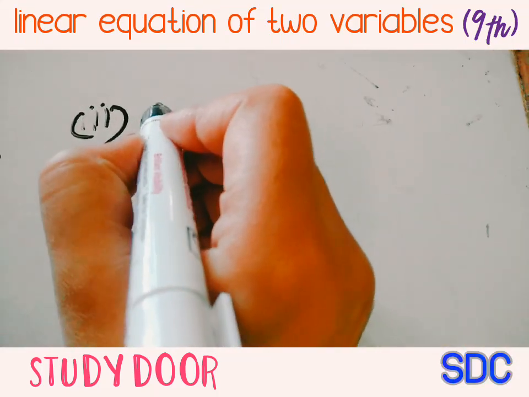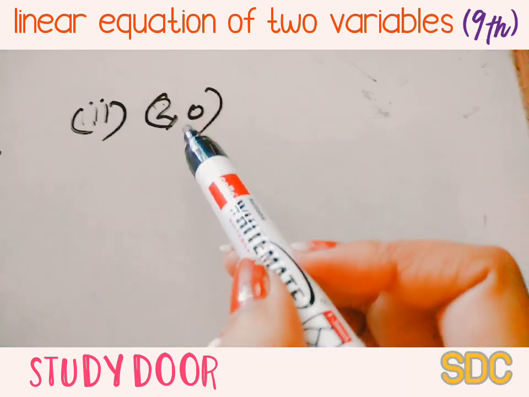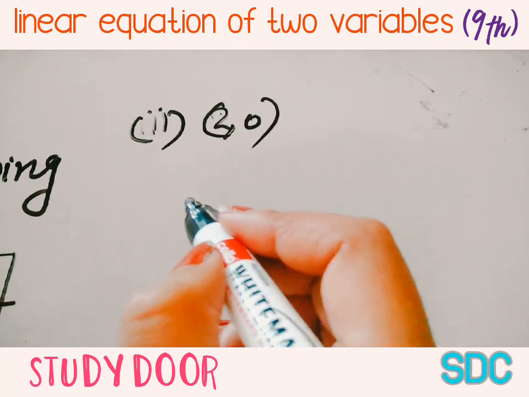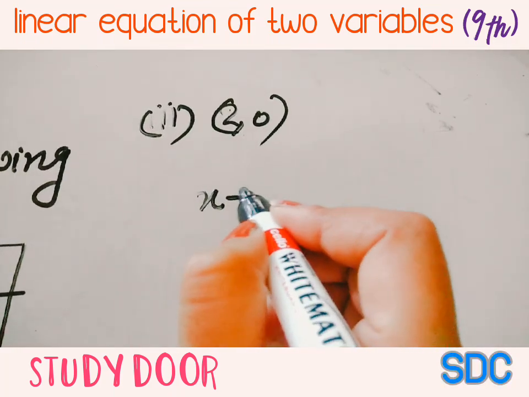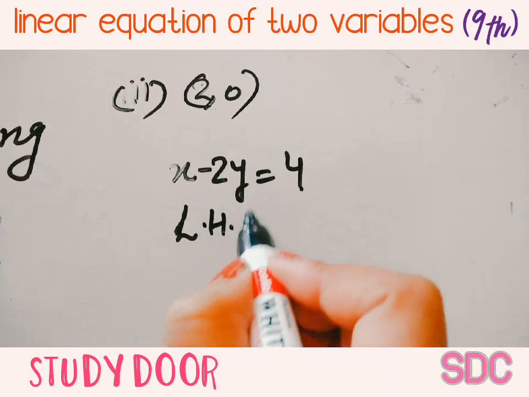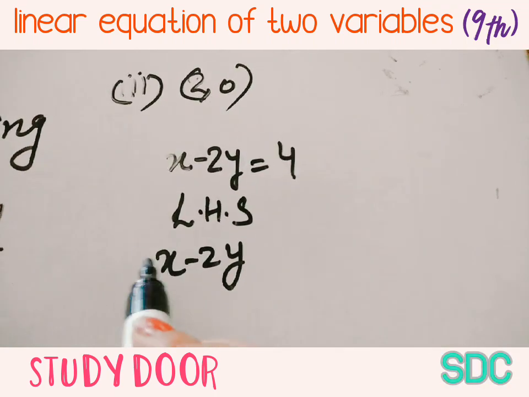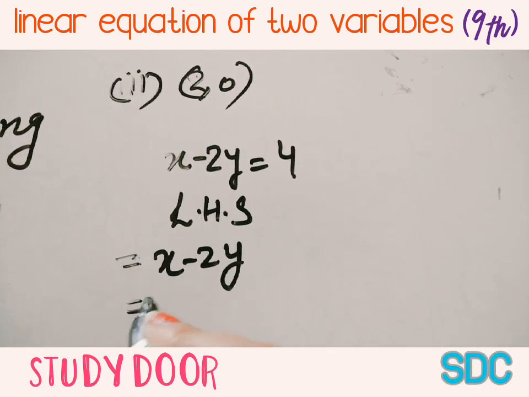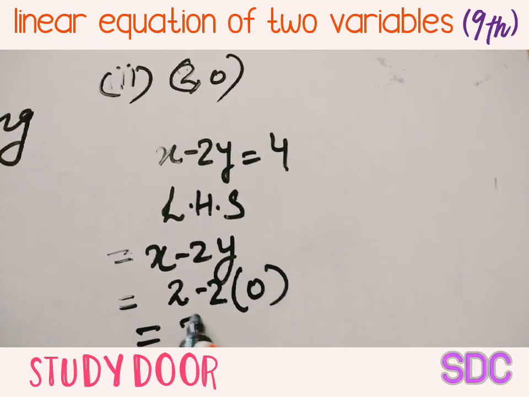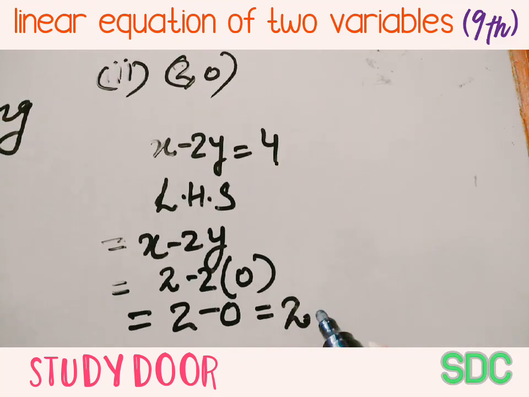Our next second sum is 2 and 0. Now we have to find whether these values are a solution of the equation or not. We have the equation x minus 2y is equal to 4. We will take the left hand side. Left hand side is x minus 2y. Now put the values of x and y. Put x is equal to 2 and y is equal to 0. 2 into 0 is equal to 0. Then 2 minus 0 is equal to 2.